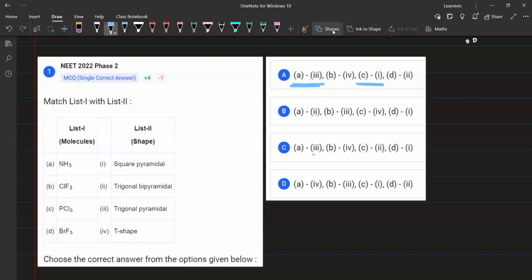आंसर क्या लिया? चलिए देख लें। NH3 का T शेप क्यों किया है आपने इरम?